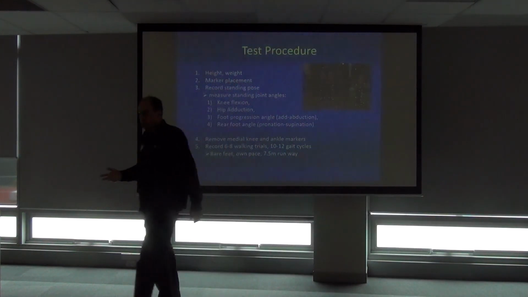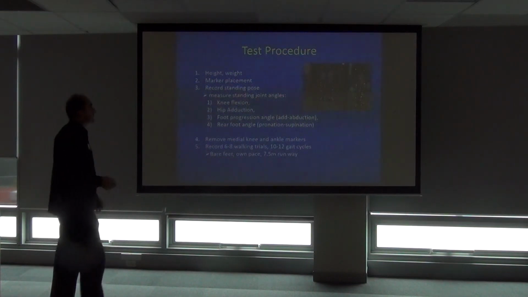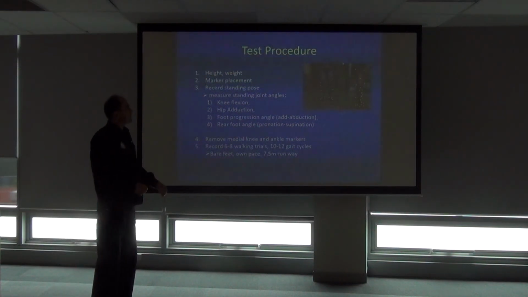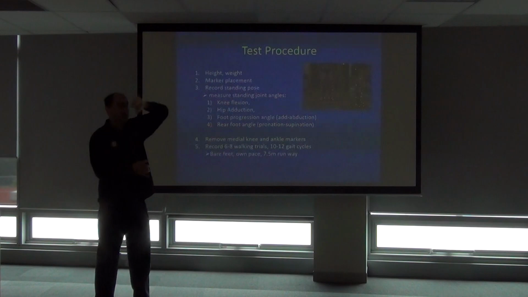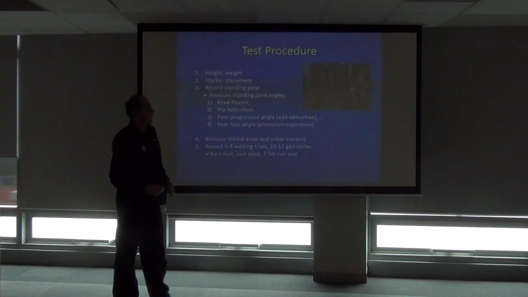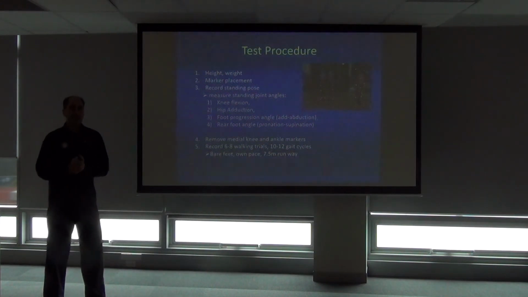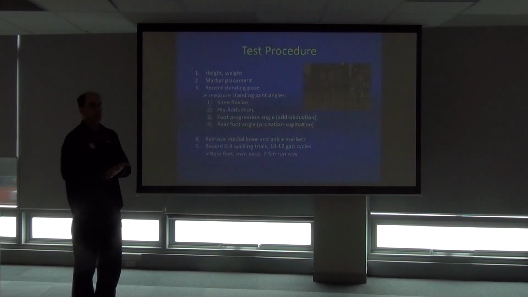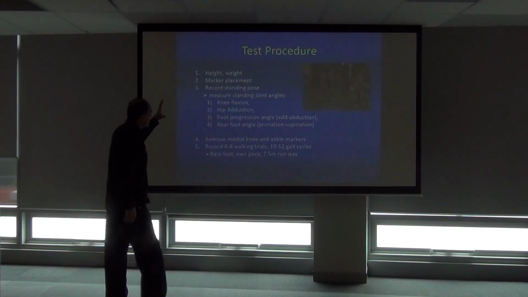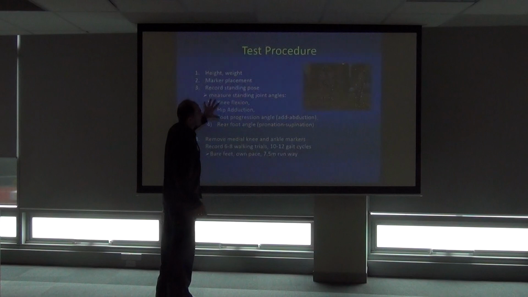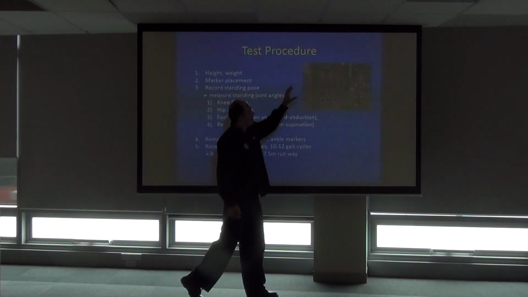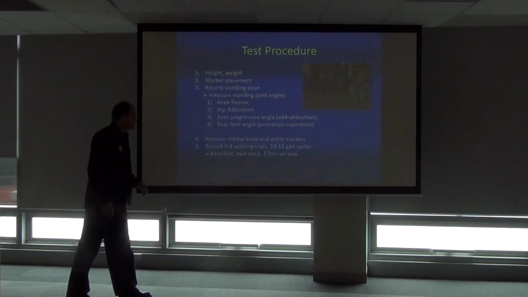These were simply done with a goniometer by the individual, a long-handled goniometer lining up with a segment. I'll say later that this is a little bit of a limitation, but it got us a good approximation of those standing joint angles.